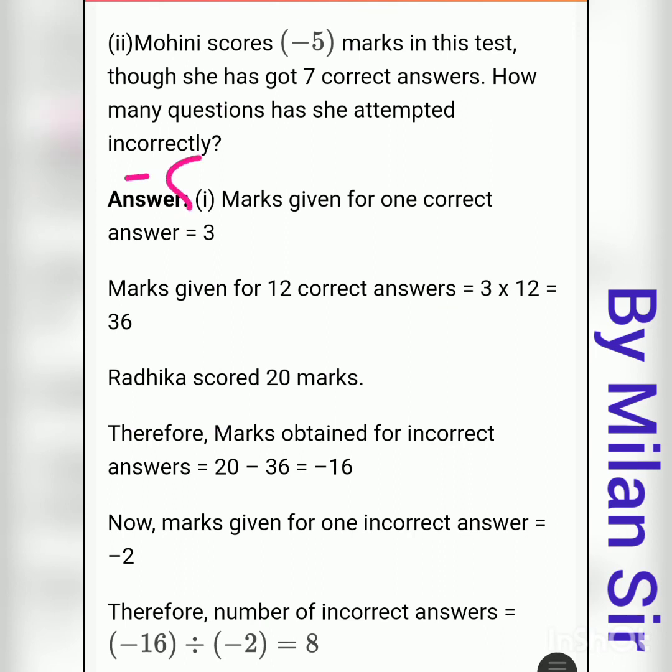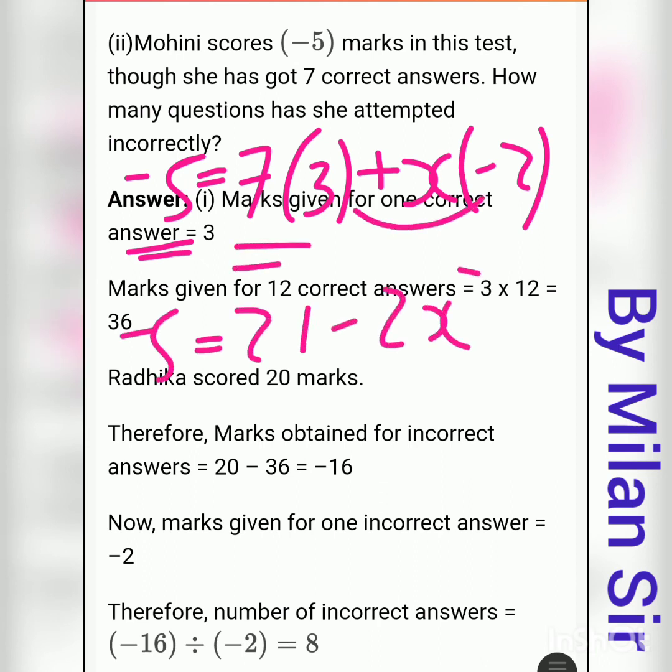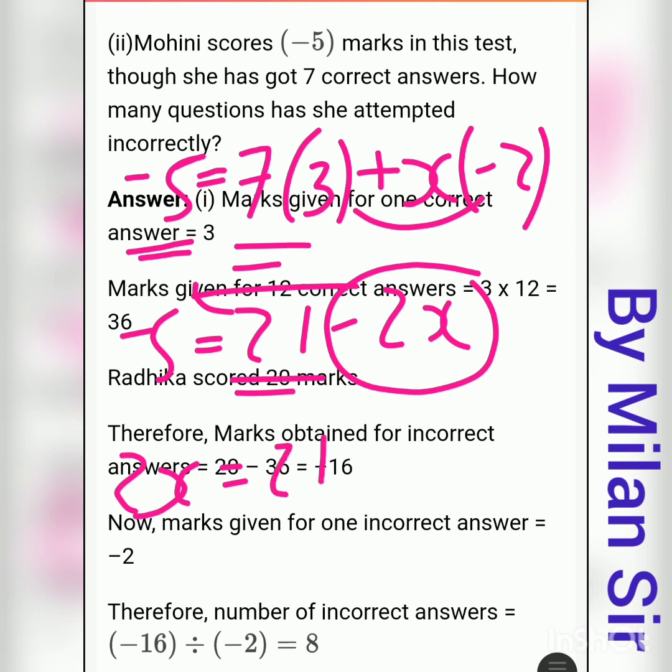Again, total score -5 is equal to 7 correct answers multiplied by the marks, plus x number of incorrect answers into -2. So -5 equals 21 plus minus 2x. We want plus 2x, so we transfer it to the left hand side and it becomes plus 2x. 21 stays as it is, and we transfer -5 to the right hand side, so it becomes plus 5.